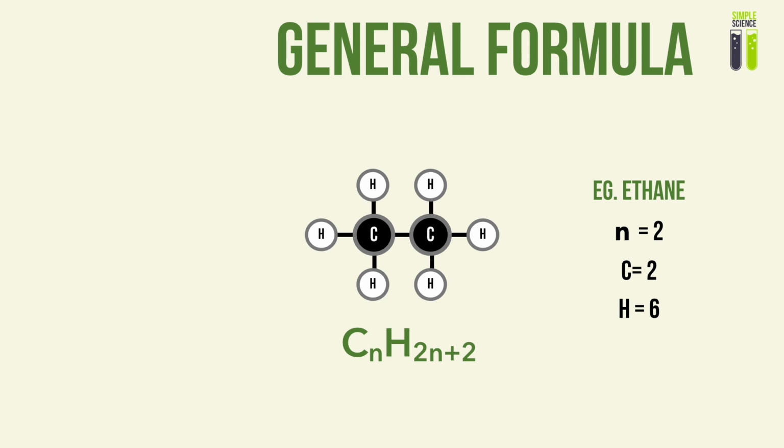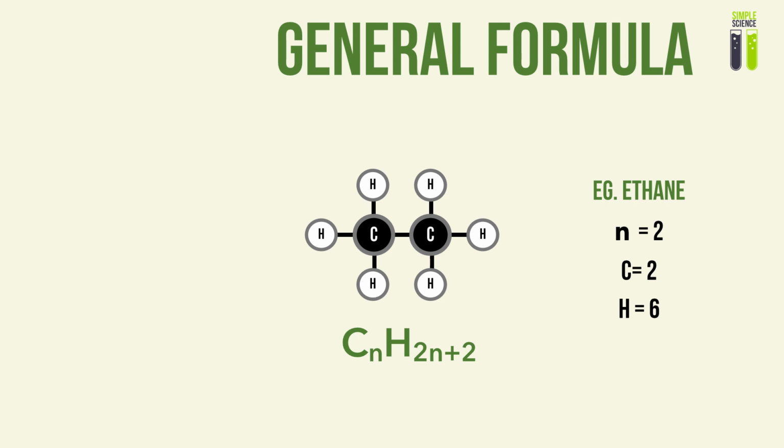So in this case, n equals 2, so the number of carbon atoms is 2. If we compute the number of hydrogen atoms, we find that 2 times n, which is 2, is 4, plus 2 is 6. So we have a total of 6 hydrogen atoms in this molecule. Therefore, this molecule is C2H6, and it is known as ethane.